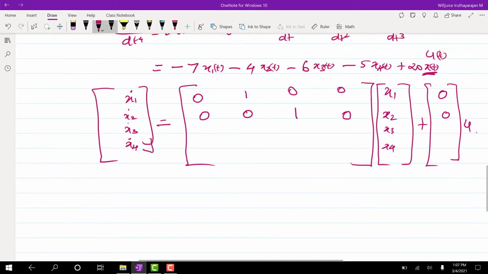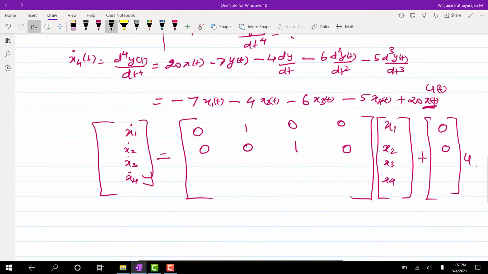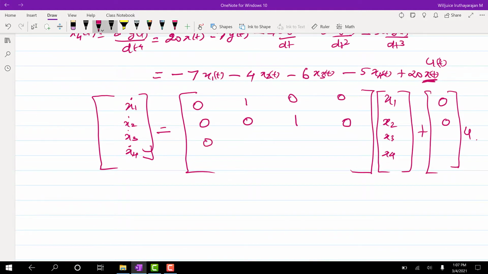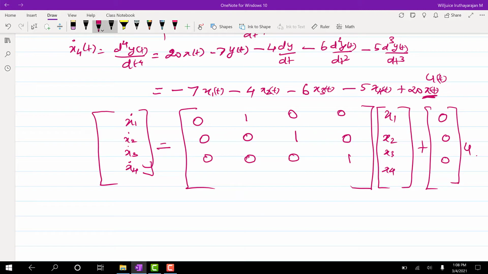Similarly x3 dot is equal to x4, so 0 into x1 plus 0 into x2 plus 0 into x3 plus 1 into x4 and 0 into u. And x4 dot, what we have here: minus 7 into x1, minus 4 into x2, minus 6 into x3, minus 5 into x4 and 20 into u.